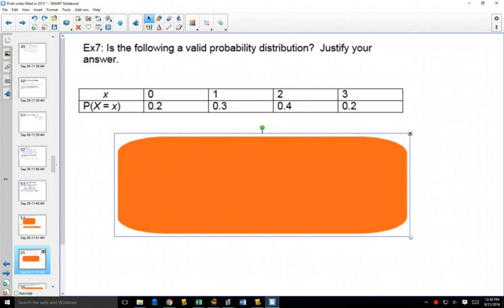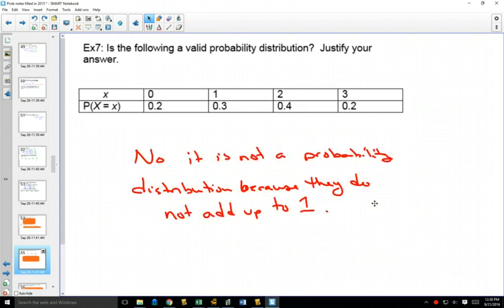It doesn't add up to 1. If it is a valid probability distribution, those numbers, 0.2, 0.3, 0.4, 0.2, when you add those up, you get 1.1. They do not add up to 1. So no, this is not a probability distribution.